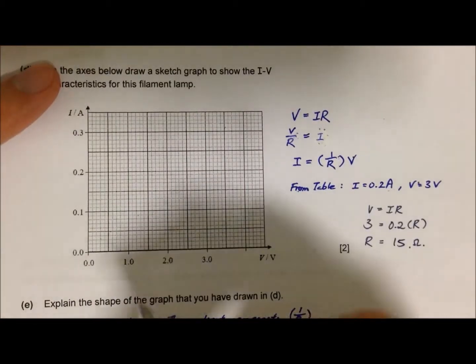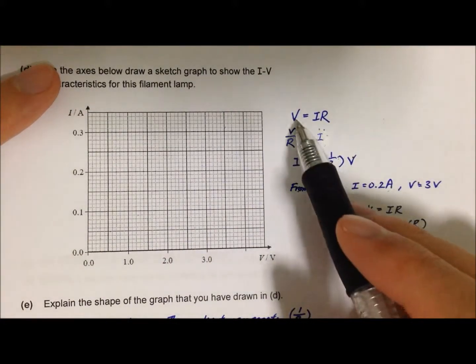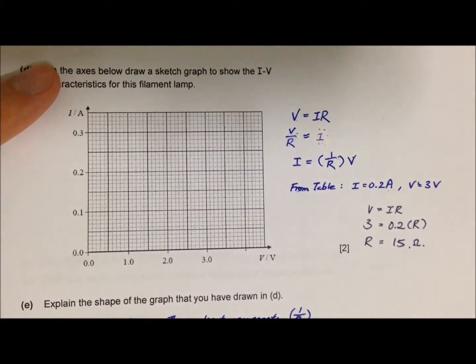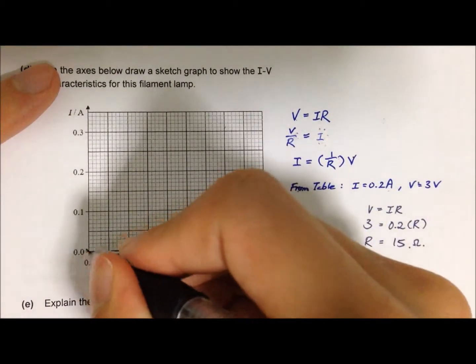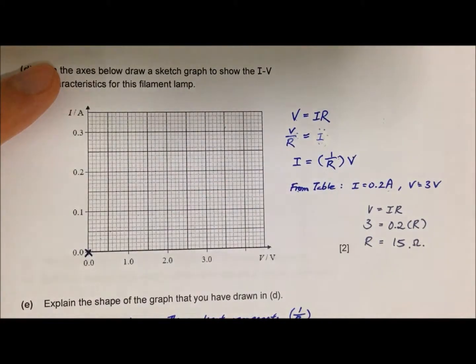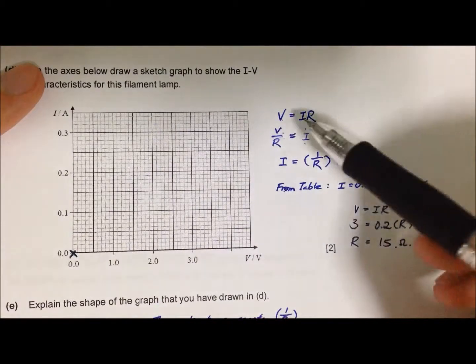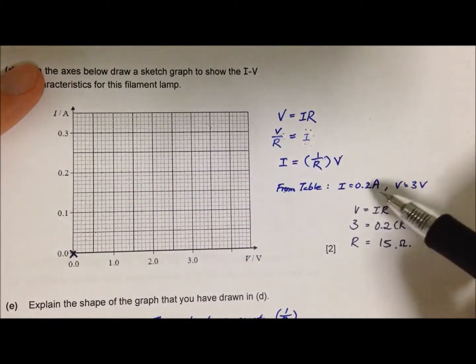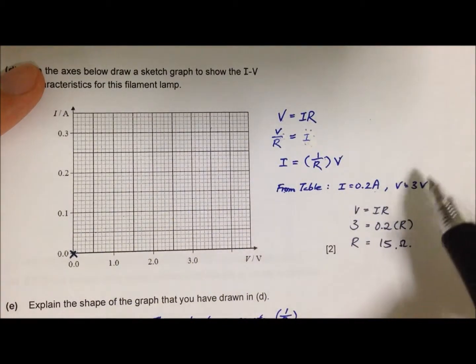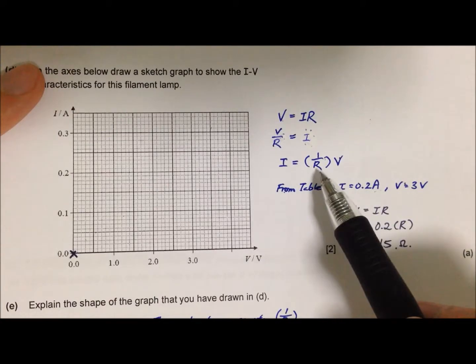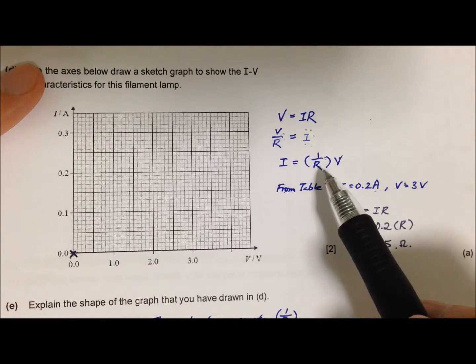So down here, actually a simple way is that you know that when V is 0, I is 0, correct? Because if you don't have potential difference, you won't have current. So you know that first point, 0, 0. Second point, you can use this reading here. So actually, you don't even need to work out any formula. You just need to know that it's 0, 0 to, do you need? Let me think.